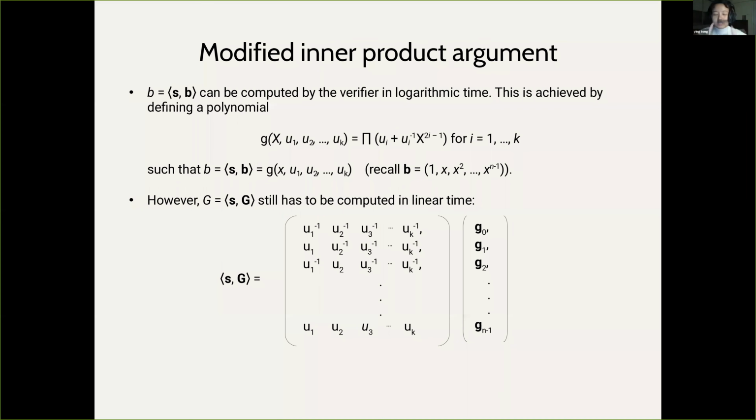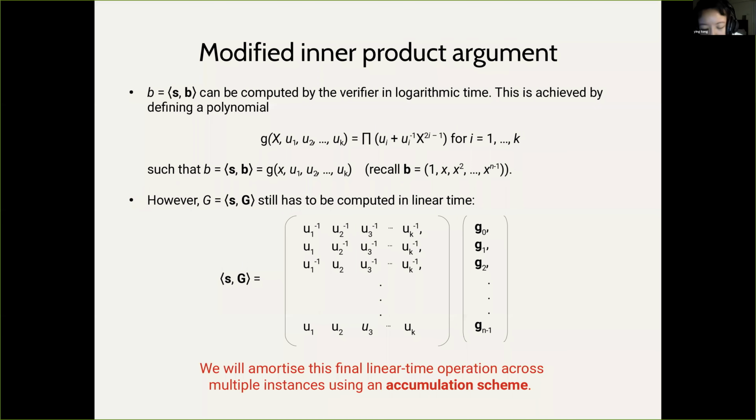This is a linear time computation, and it is the most expensive part of our inner product argument. In fact, this is the part that we're going to procrastinate on. On the next slide, you'll see that this computation of S·G is what we're going to delegate to the accumulation scheme.